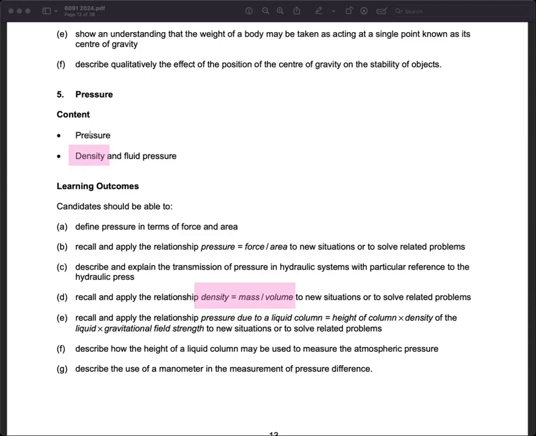Pressure is the amount of force acting per unit area. Am I right? So density, you know the formula is mass over volume. So now I want all of you to define what is density based on the same way I taught you how to define pressure.